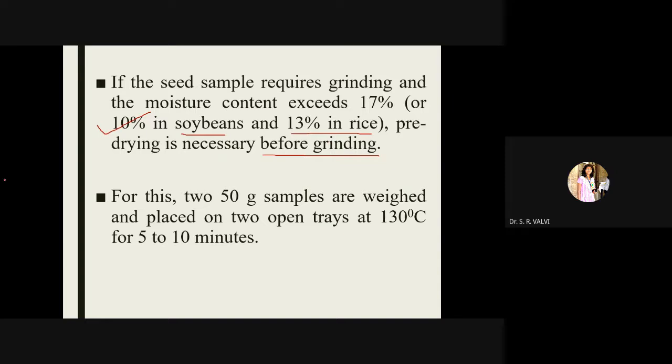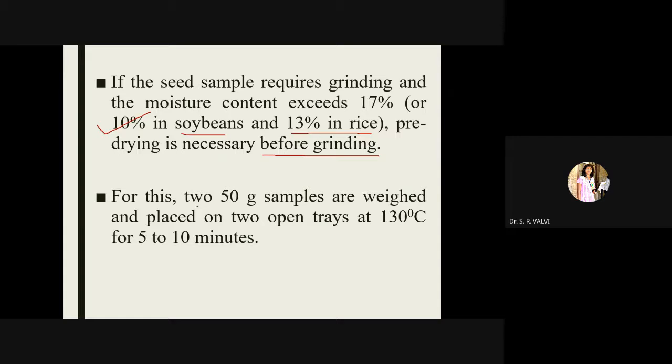So pre-drying is necessary before grinding, because if the seeds have high moisture content, it is unable to break them into parts with the help of grinding machines. So for having fine particles, or to make the ground material of particular cereal seeds, we have to dry it, we have to pre-dry it.